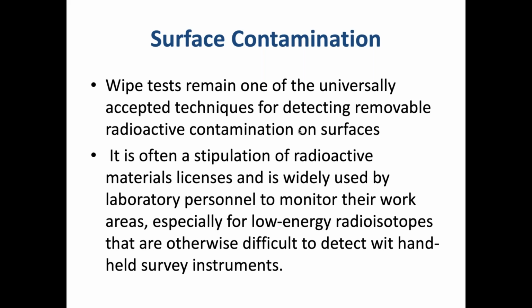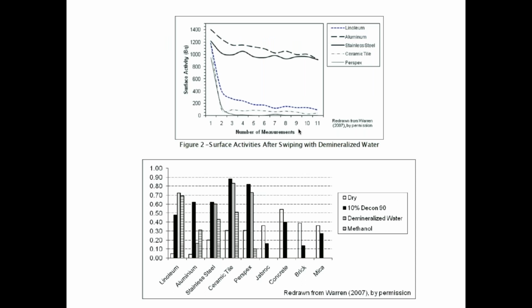So a common way of measuring the presence of contamination from radioactive sources is to do wipe tests, very similar to the way you do lead tests, except they would then be examined in a scintillation counter or some other device to determine how much radioactive material is present.